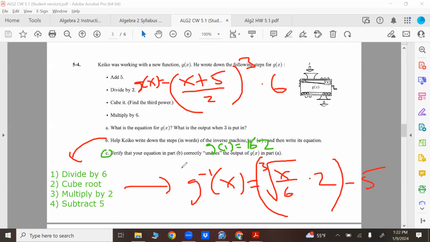Now, what if I do this here? Plug 162 into your inverse. What's 162 divided by 6 now? It's 27, right?